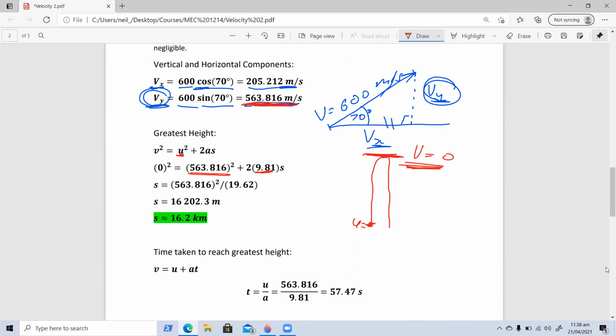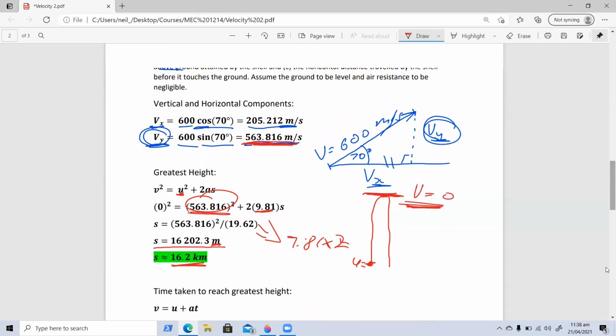Solving for S, we get S is equal to 563.816 squared divided by 19.62, and 19.62 is just 9.81 times 2. Plug this into a calculator, we get S is equal to 16,202 meters, or in kilometers, S is equal to 16.2 kilometers.